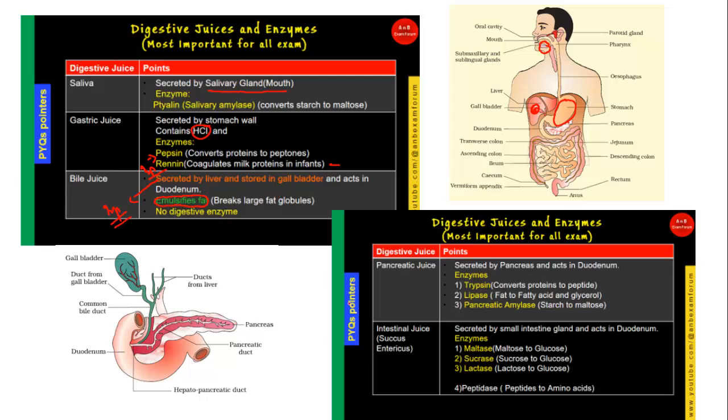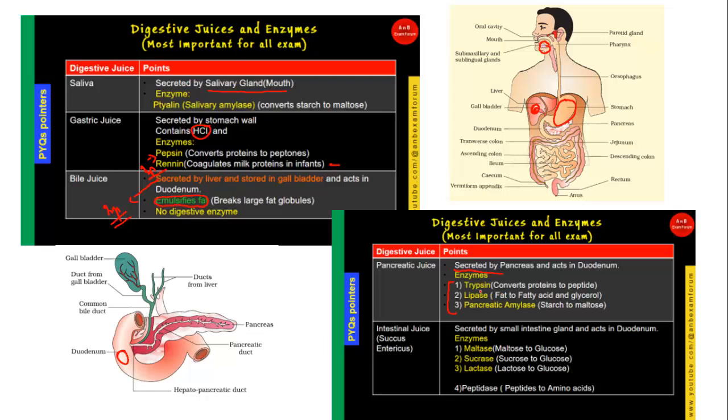The next one is pancreatic juice. You can see this is the gallbladder and this is the pancreas. This is secreted by the pancreas and acts in the duodenum. Duodenum is this place. This is an intestinal place, but it is secreted by the pancreas. Three enzymes are found in this pancreatic juice: trypsin, lipase, and pancreatic amylase.